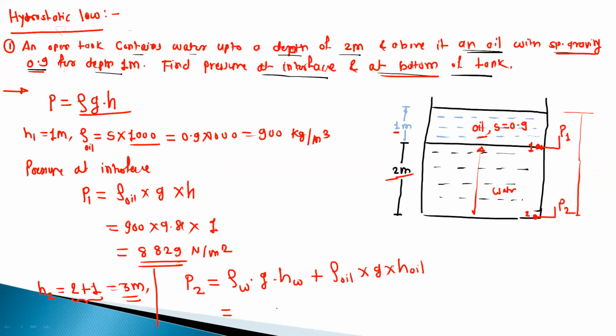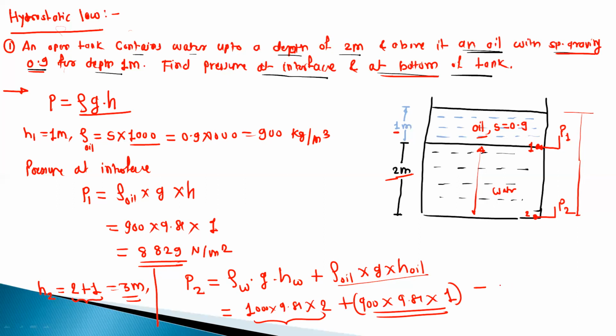So this is equal to rho water, this is equal to 1000 into 9.81 into what is the H water? This is 2 meter, plus rho oil, so this is equal to 900 into 9.81 into H oil. This is 1 meter. So this quantity we have already calculated, this is 8,829.